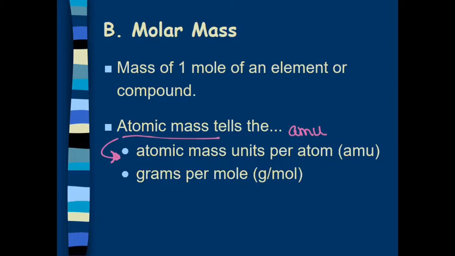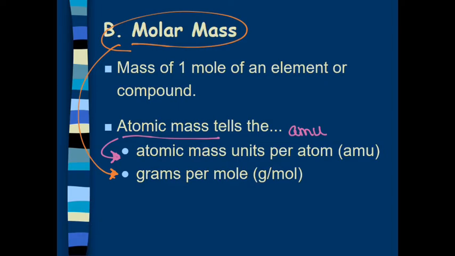You would use that particular mass unit if you were talking about individual atoms. But if you're talking about a mole's worth of atoms, not just 1 or 2 or 3 or 4 atoms, but 6 times 10 to the 23rd atoms, then you would be looking at molar mass, and it is measured in grams per mole.